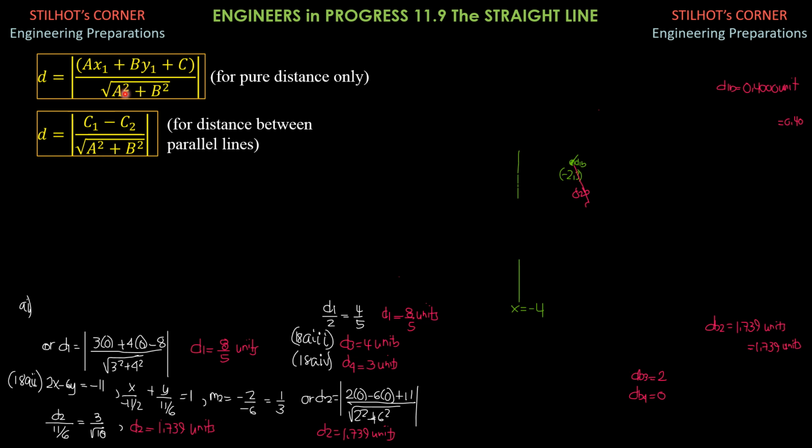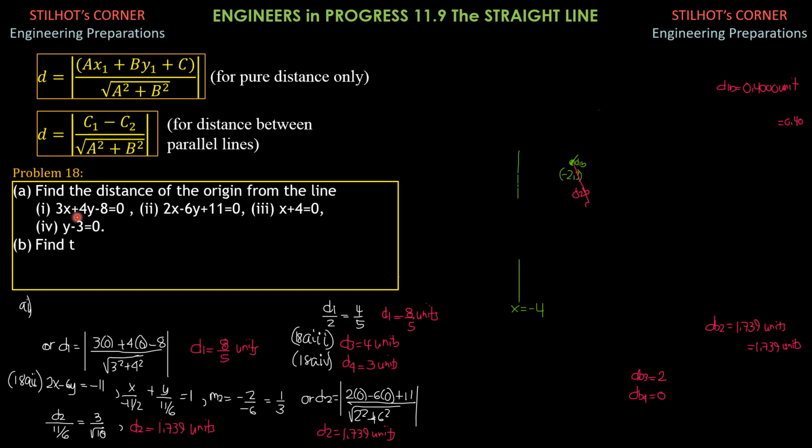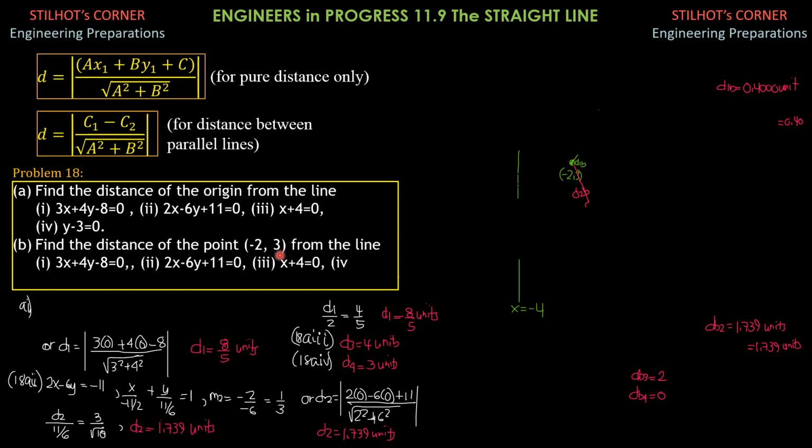So let's now apply normal form to solving these problems. Allow me to present the solution with fewer animations this time. Find the distance of the origin from the line. We have 4 lines here, the same lines, but also the distance of the point (-2, 3) from the same lines.